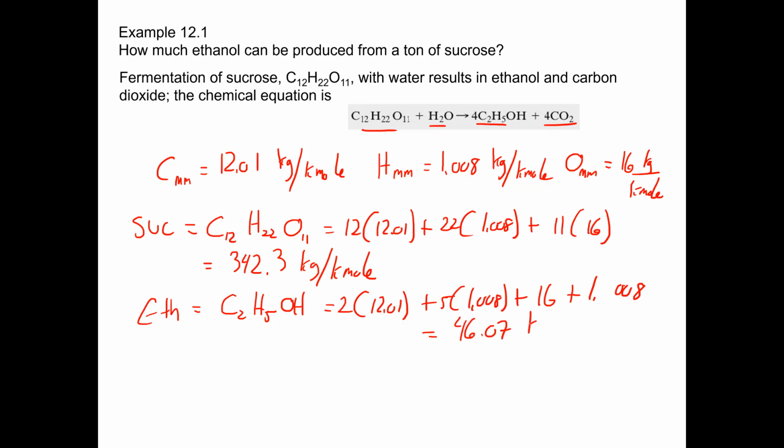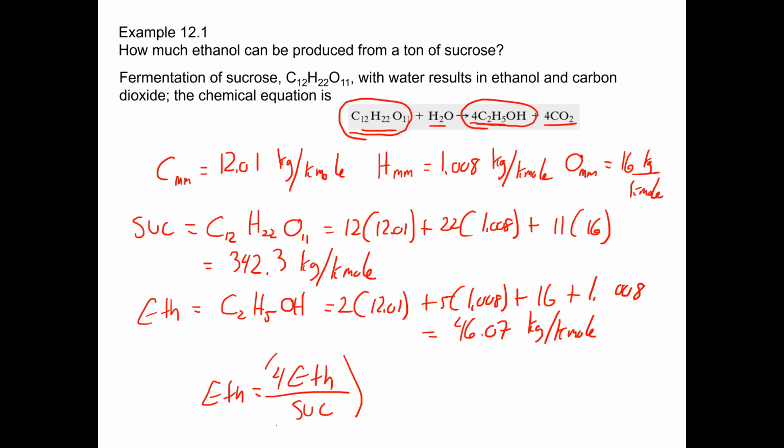In order to find the total amount of ethanol, we know that for 1 mole of sucrose, there are 4 moles of ethanol yielded. So we would take 4 times the amount of ethanol per sucrose. And it's telling us that we have 1 ton of sucrose.